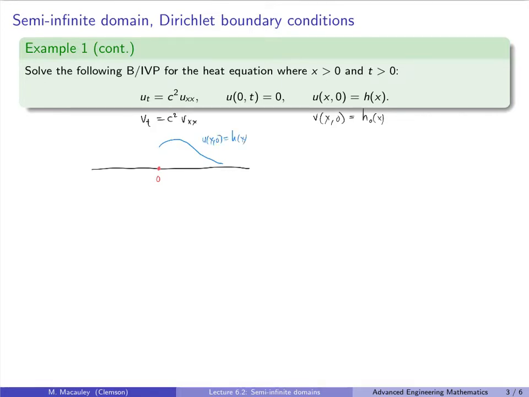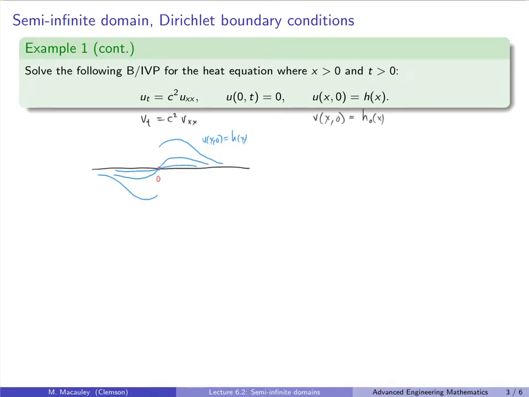So we take the odd extension. Before we go further, let's think about what happens as time gets larger. For a larger value of time, this flattens out and does something like this. For larger t, it gets even flatter, and in the long term it approaches 0 degrees everywhere.